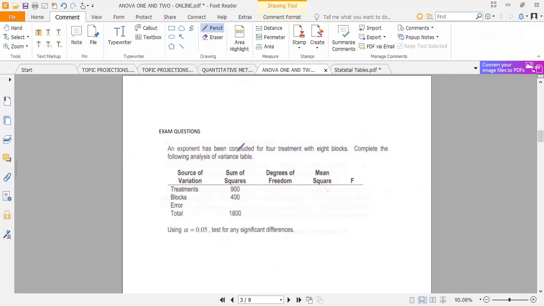Complete the following variance table. So ANOVA, how do we find the missing figure here? So what is our K, what is our small n and what is our big N?